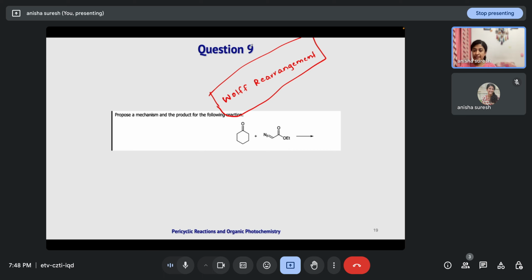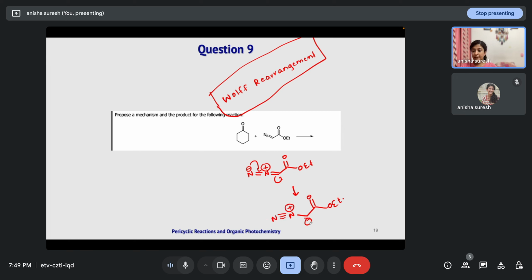How is it taking place? So here, the double bond can be redrawn in this fashion, N triple bond N plus.